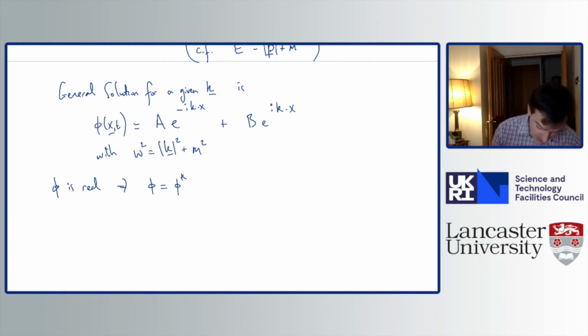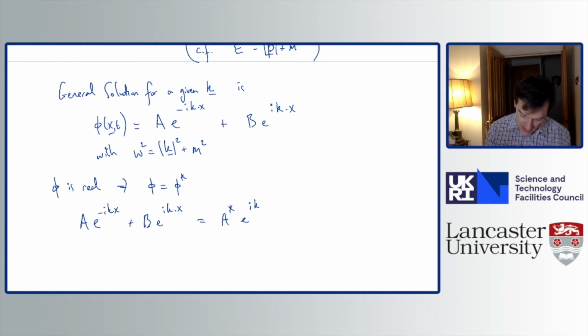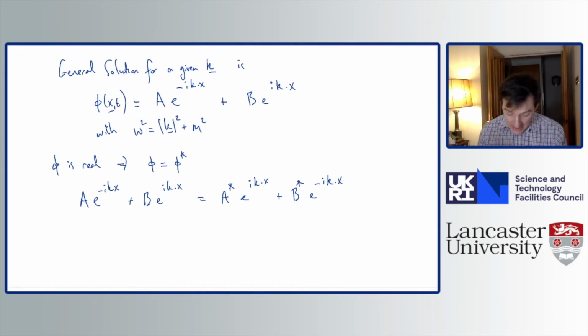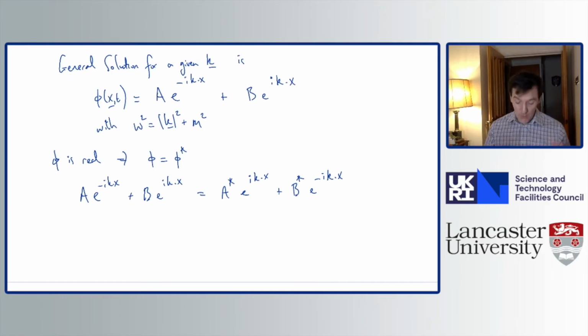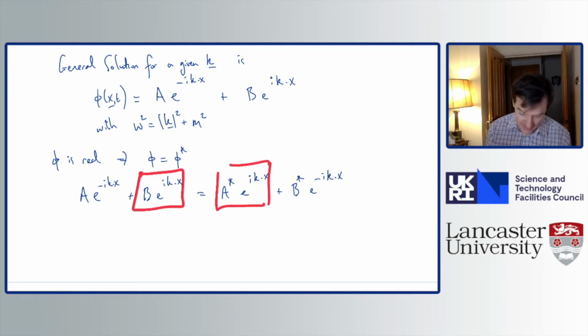So we require that a e to the minus i k dot x, we have the second term. So if we take the complex conjugate, we'll get a star e to the plus i k dot x plus b star e to the minus i k dot x. Okay. And so we can see that this will be real if our term e to the plus i k dot x is the same.